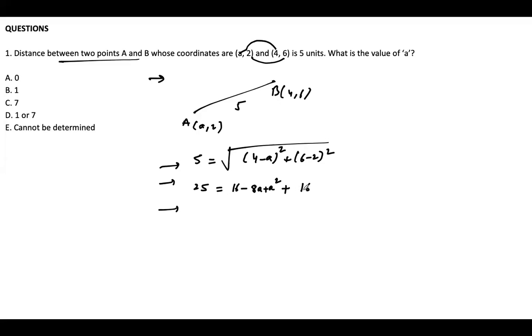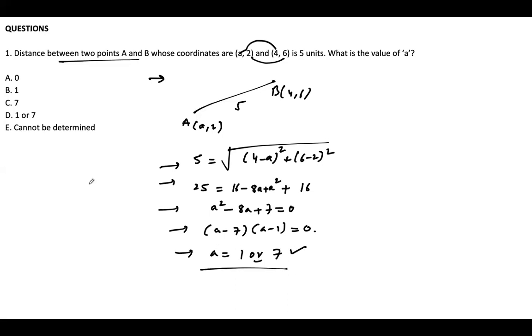All right, so this becomes 32. 32 minus 25 is 7. So I'm getting a square minus 8a plus 7 is equal to 0. How will I factorize? A minus 7, a minus 1 is equal to 0. So a comes out to be 1 or 7. Okay, not that difficult. I think everyone would have solved it.